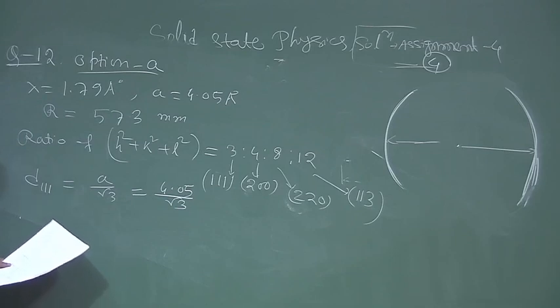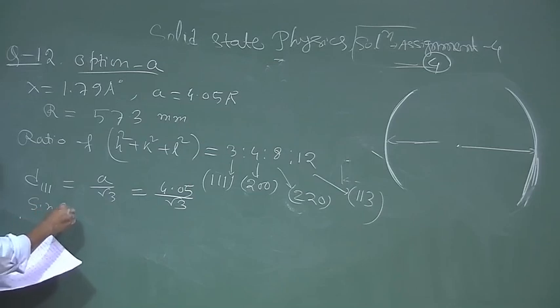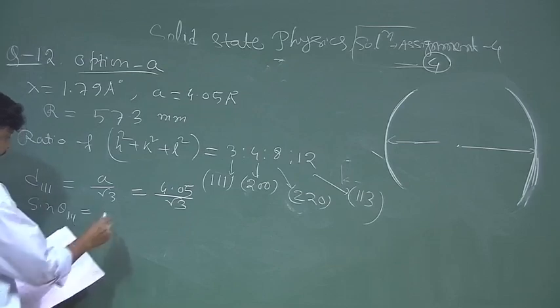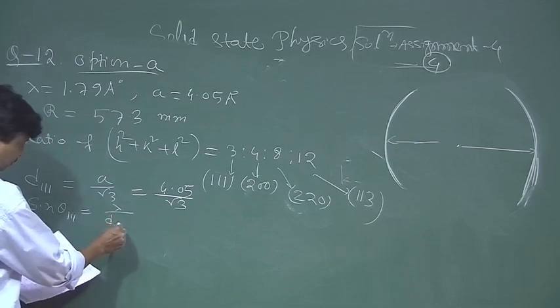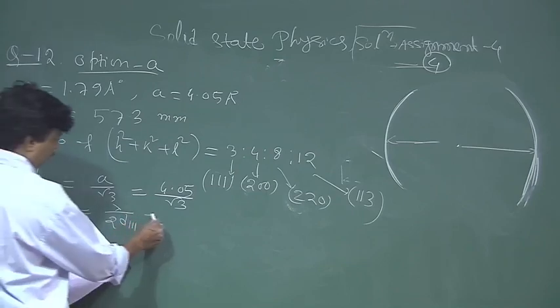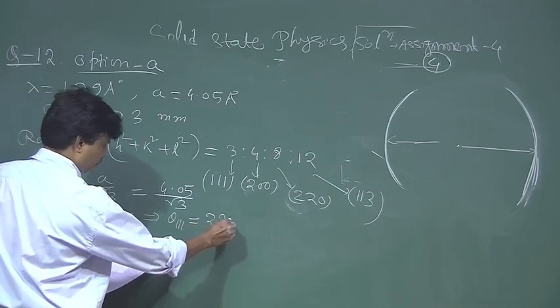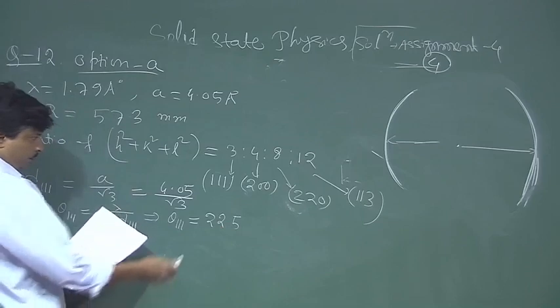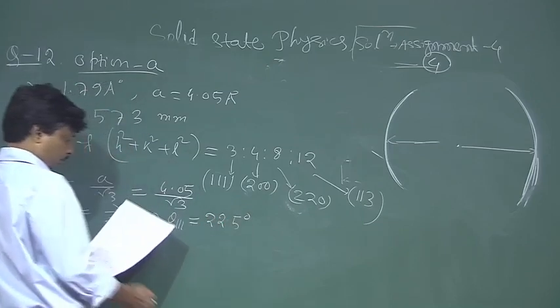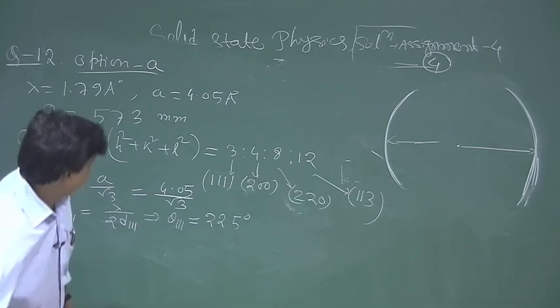This is 4.05 by root 3, and from Bragg's relation, sin theta for the 1 1 1 plane is lambda by 2d111. So, theta 111 comes to 22.5 degree.